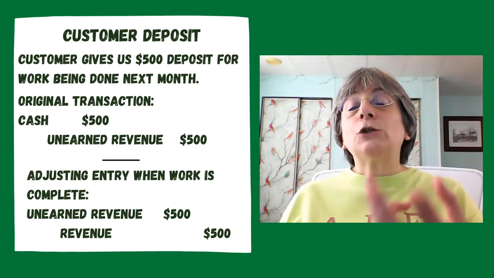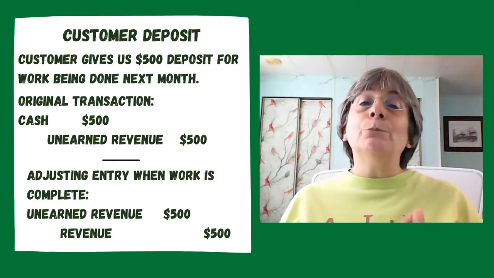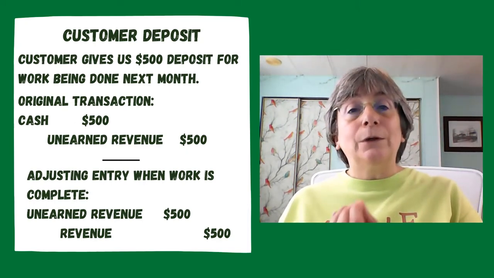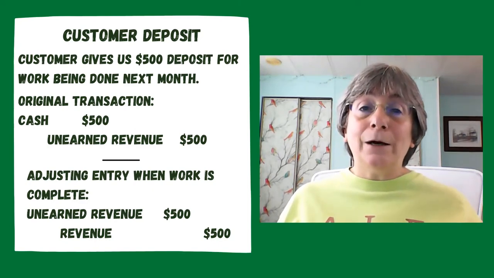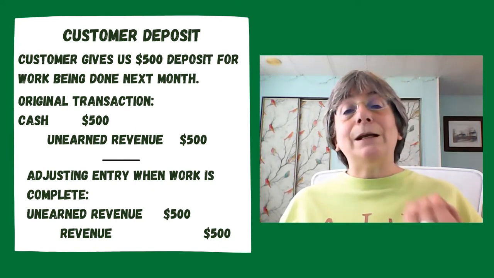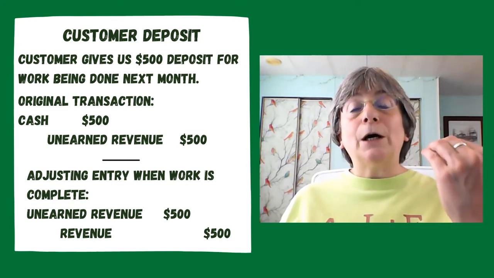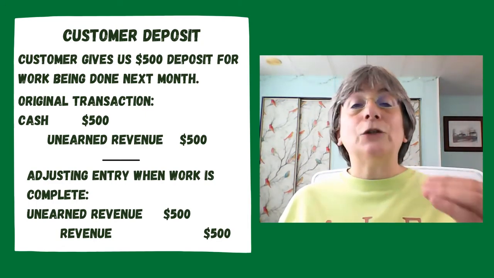Well, when we actually do the work, now what we've got to do is move it out of unearned revenue and into revenue. So we're going to do that by debiting unearned revenue to decrease it and increasing our revenue by crediting it. So when you think about adjusting journal entries, think about what the original transaction was.